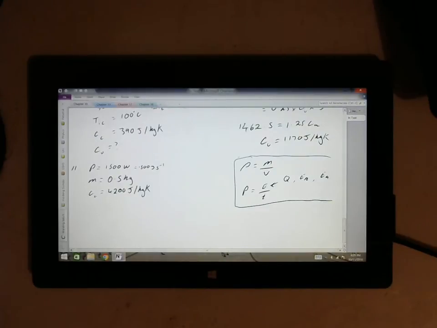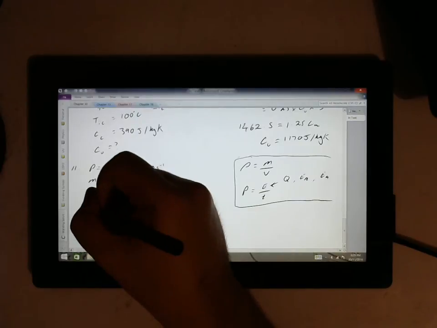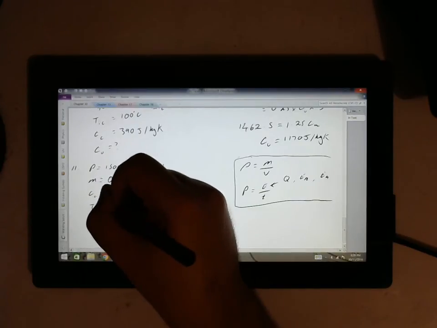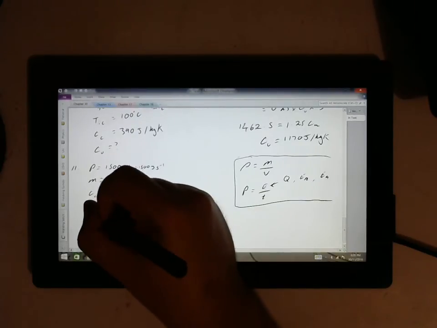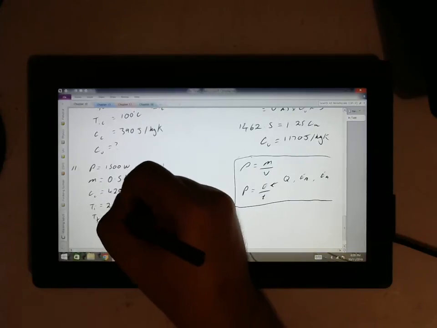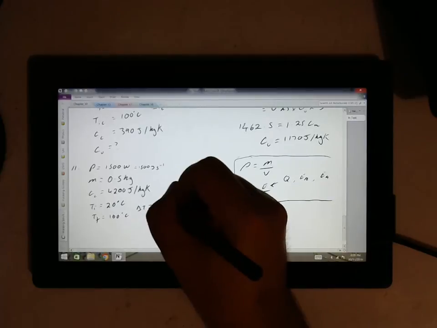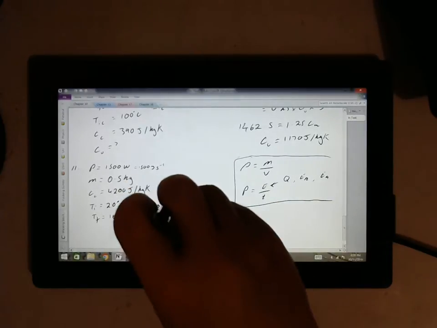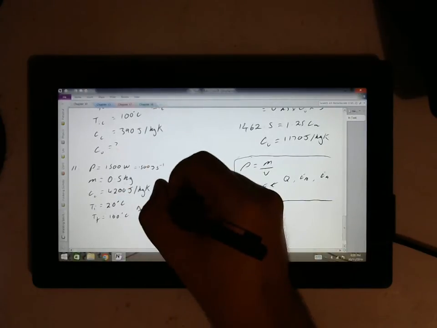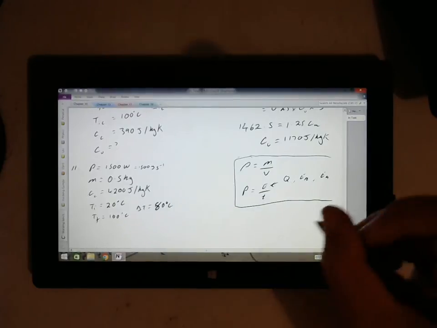And we want to know how to go from room temperature to boiling point. So temperature initial equals 20 degrees. Temperature final is boiling point, which means 100 degrees. So change in temperature equals 100 degrees. Sorry, change in temperature will be 80 degrees. Don't know what I was thinking then.